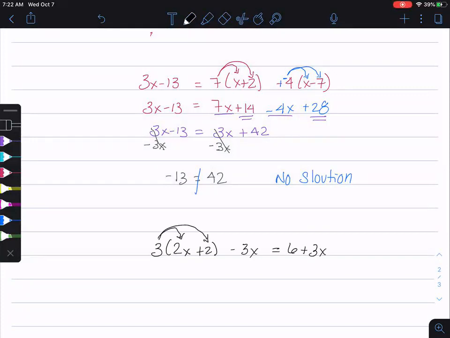So 3 times 2x is 6x, 3 times 2 is 6, minus 3x, because that was in the original problem, equals 6 plus 3x. When I go to combine like terms, this 6x and this minus 3x are going to combine to become 3x plus 6. And over here, I have a 6 plus 3x.